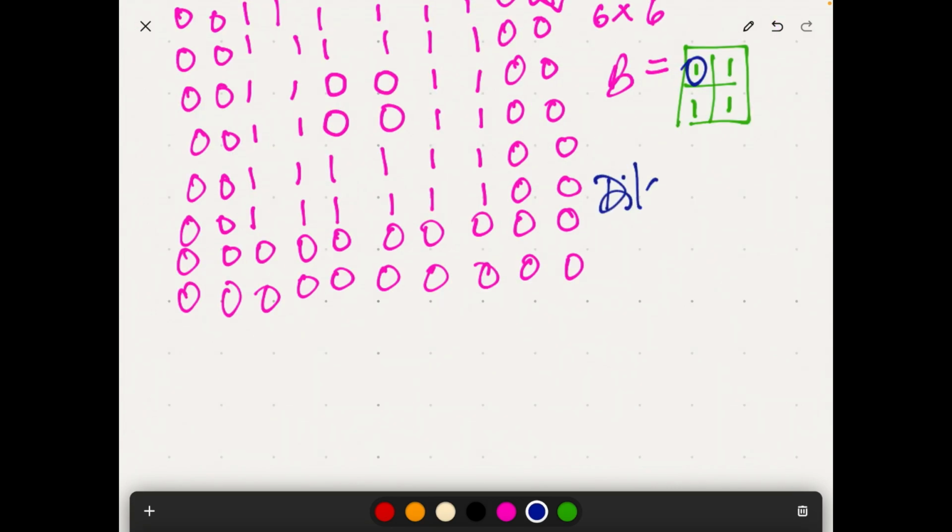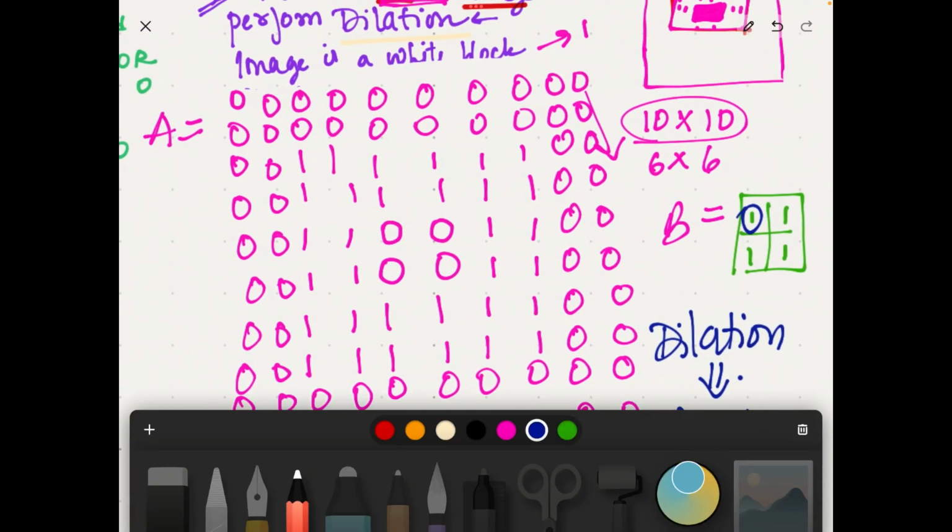When we talk about dilation, you have to relate it with max. That means that when this structuring element is placed over here in this window, we are going to check in this entire window, when we are placing the structuring element here, what is the maximum that we get. In this case all of them are 0, so the maximum that we obtain is going to be 0.